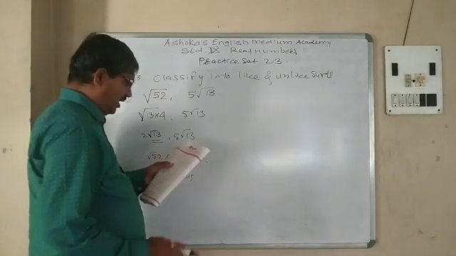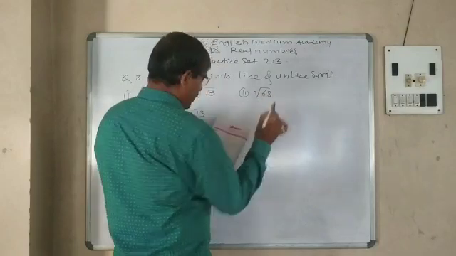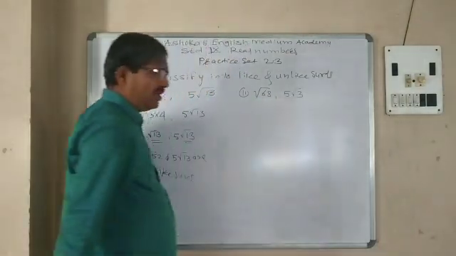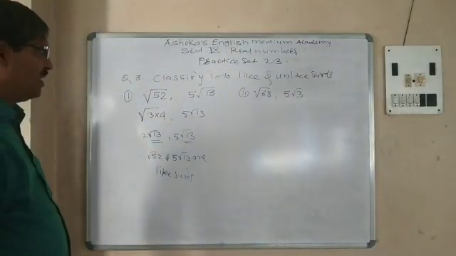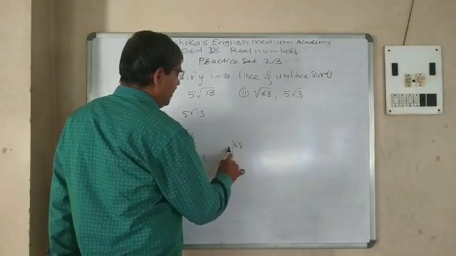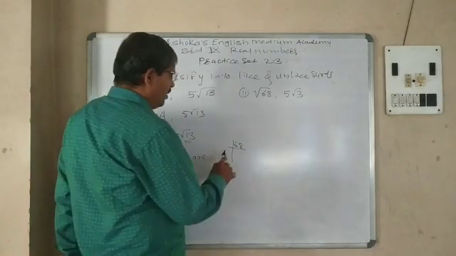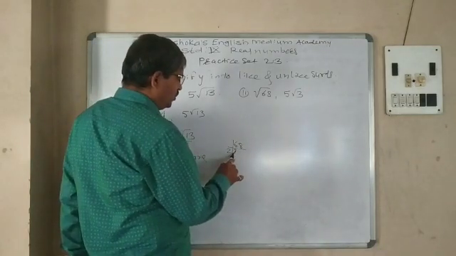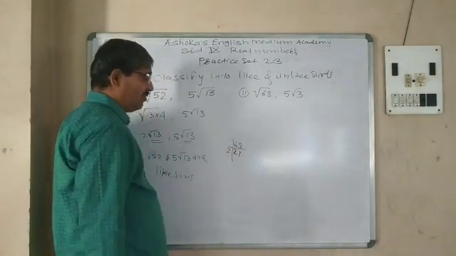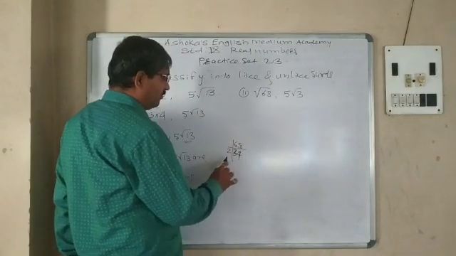Number 2: root 68 and 5 root 3. We will check it now. For 68, try to find factors. 2 twos are 4, 2 threes are 6, 2 fours are 8.